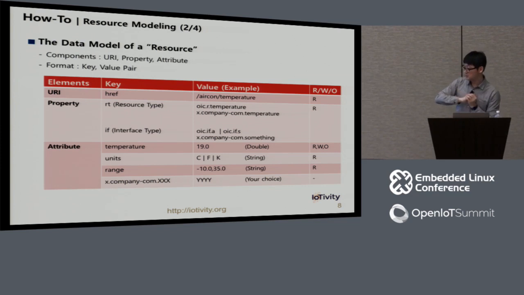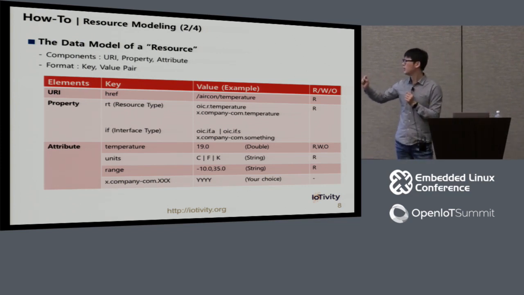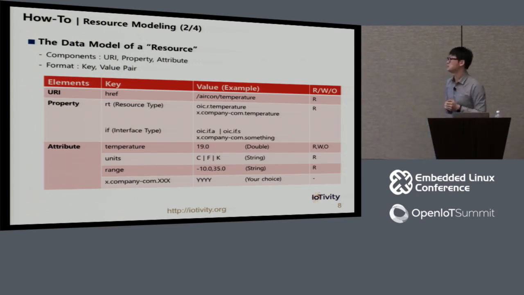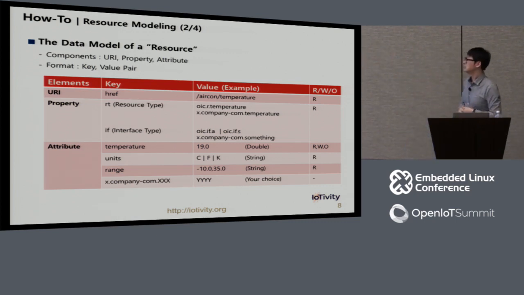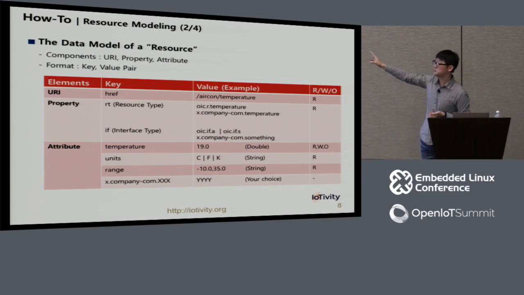For example, if you send a GET request with a query if equal to oic.if.baseline, you will have every piece of information described here. But if you send oic.if.ll, the link list, then you will only have the URI, for example. So you can define your resource with a mixture of this URI, properties, and attributes.